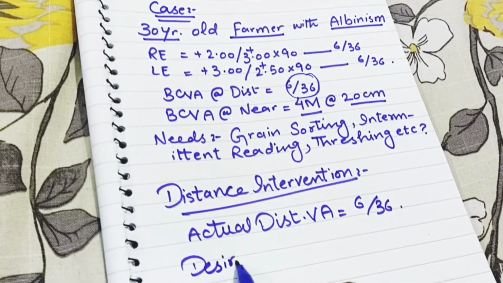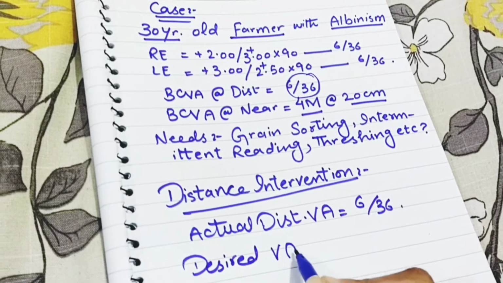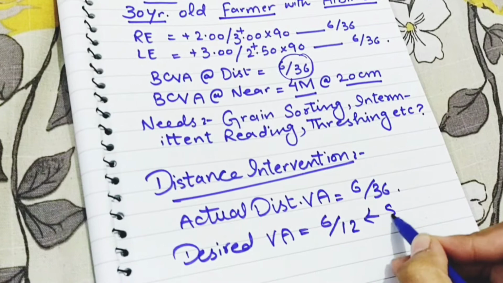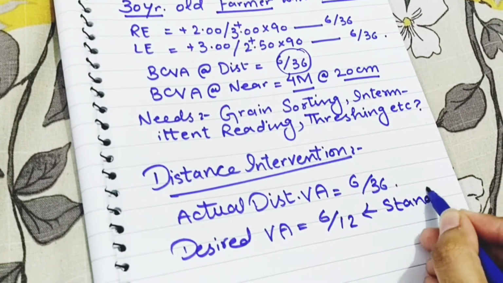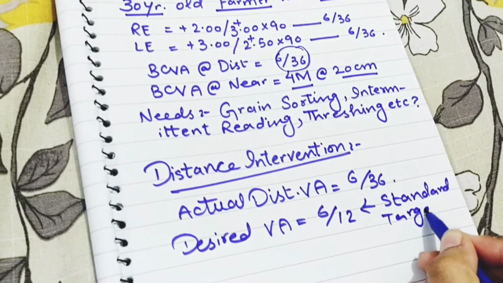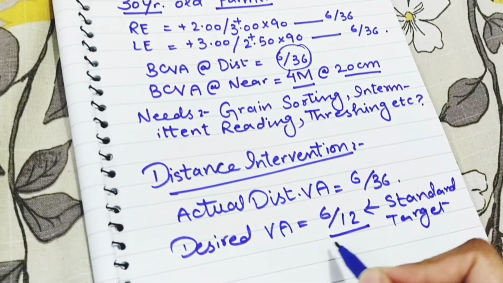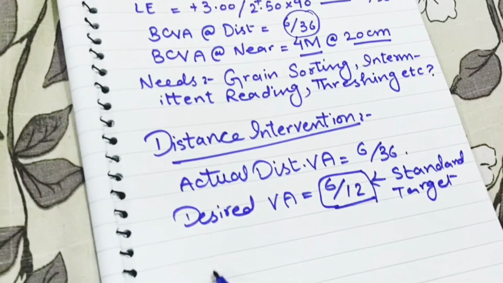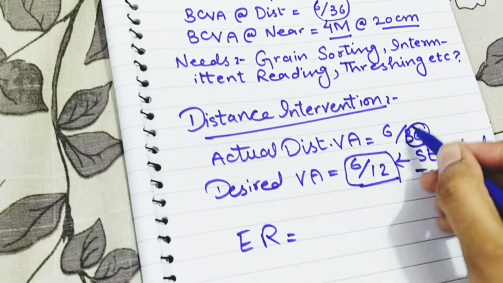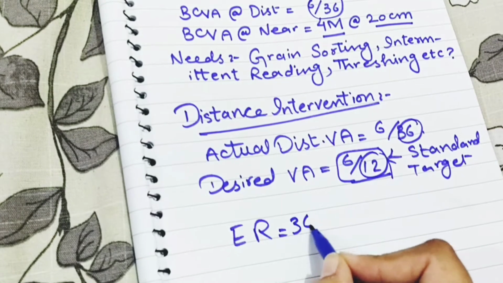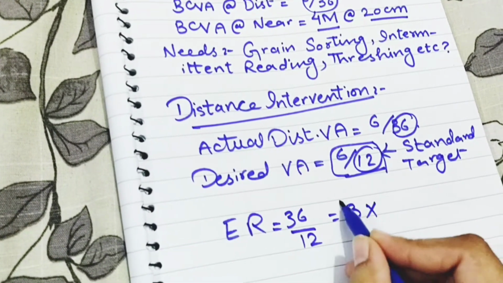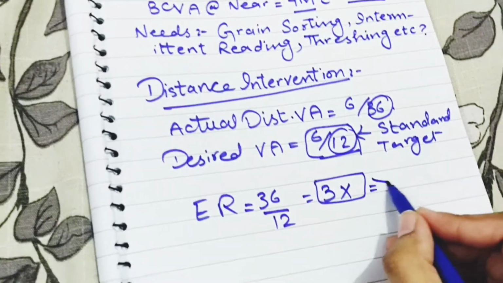Desired: in this case we don't know the desired visual acuity, so the standard desired visual acuity is 6/12. This is our standard target, 6/12. Up to 6/12 we want maximum magnification for the patient. So the magnification or enlargement ratio of a telescope is calculated as actual visual acuity divided by desired visual acuity. 36 divided by 12 is equal to 3x.